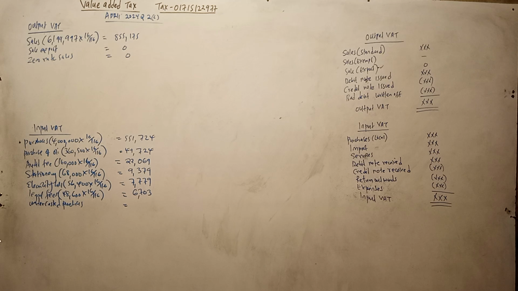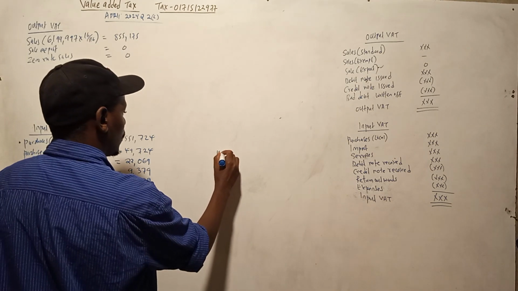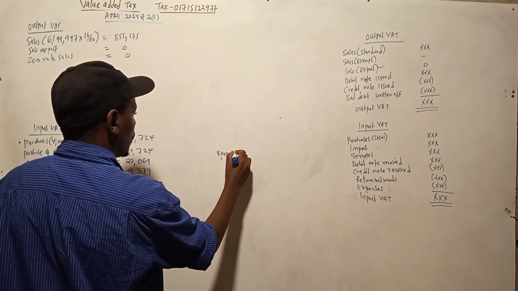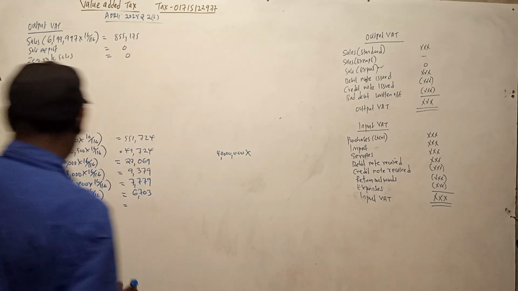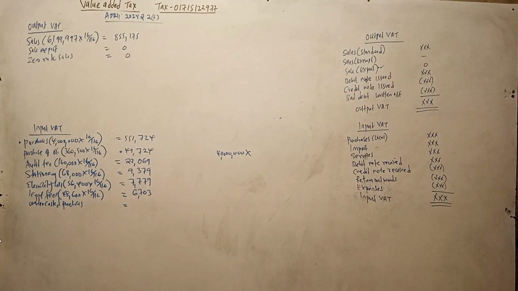Now tukienda kwa swali yetu, we know that our purchases was 4 million. It was undercasted by how many percent?